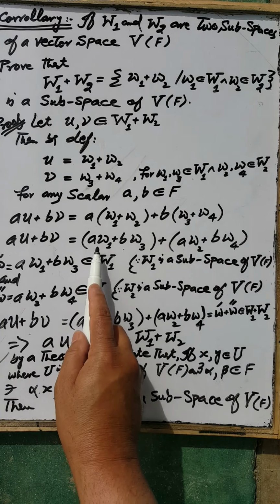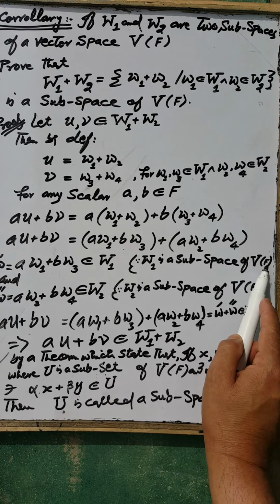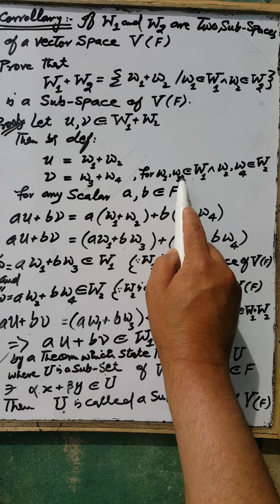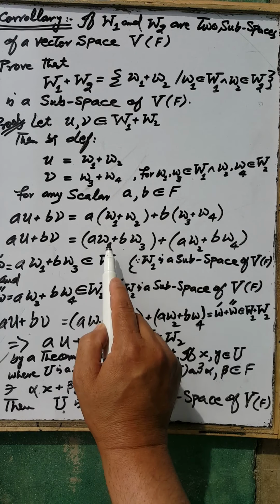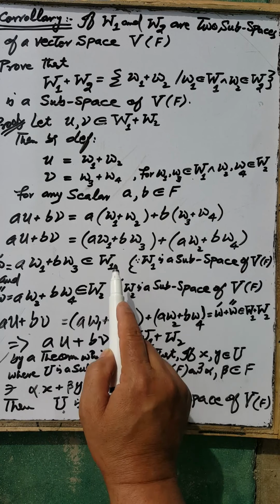Now, since W1 is a subspace of the vector space V over the field F, and w1 and w3 are elements of W1, the sum of the product of the elements of W1 with the field elements is an element of W1.